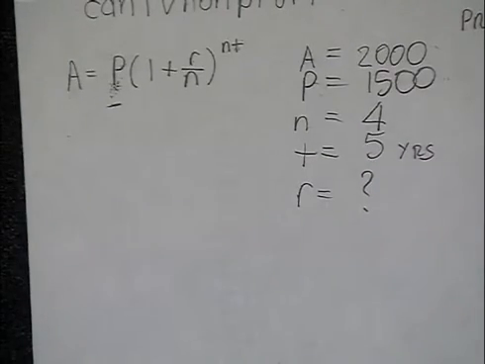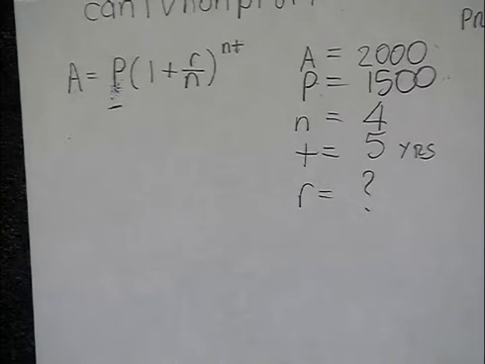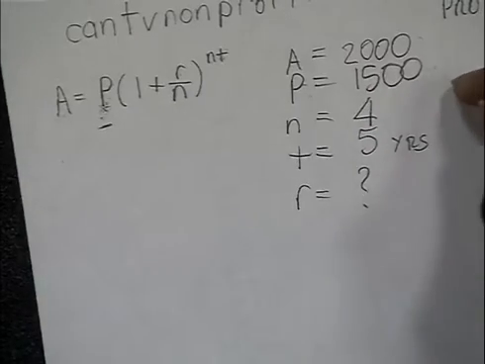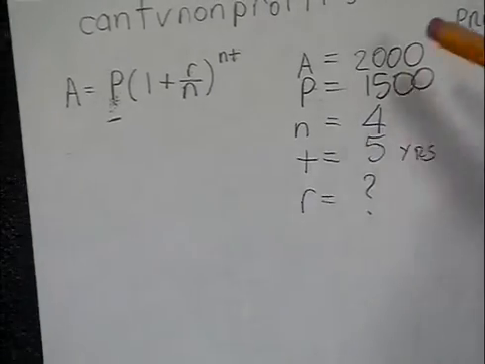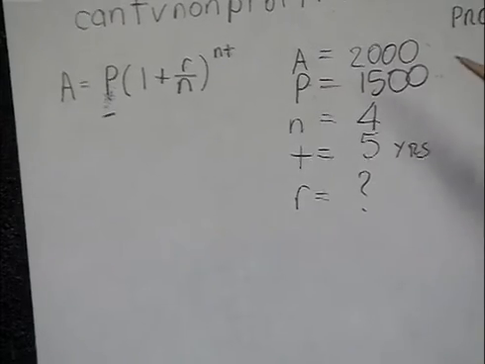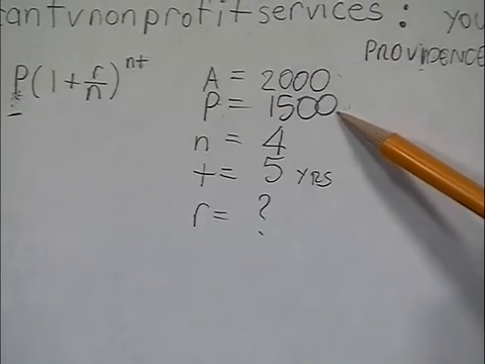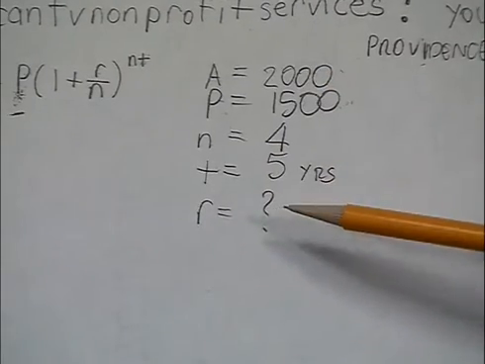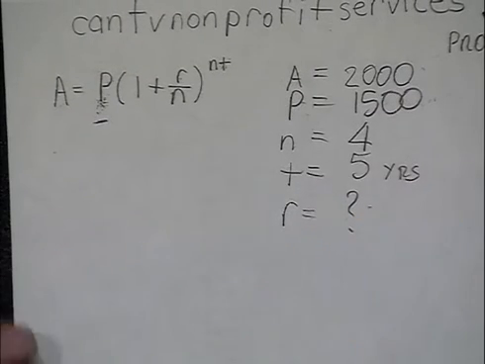We go to the banker now, and we are in the position to say, Mr. Banker, Ms. Banker, I desire a blank percent interest rate so that when I deposit this $1,500 into your bank, I want it to grow to be $2,000, and this is the interest rate that I'm going to need for that to happen. So now you're in a position where you know what interest rate you want. You know what you're going to the bank looking for.